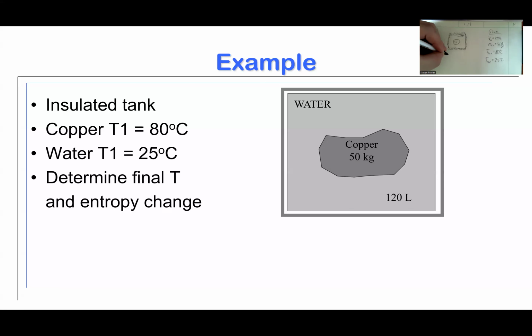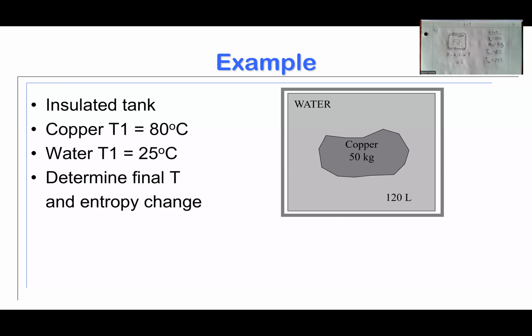What are we looking for? We want to find the final temperature, and we want to find the entropy change, delta S. All right. So the problem statement wouldn't just look like this.